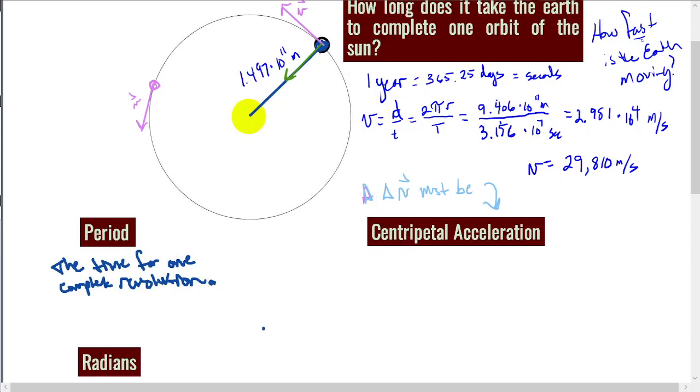Our centripetal acceleration equals, and that's how we write it, centripetal acceleration. And I'm just going to tell you that it is the velocity squared divided by the radius.